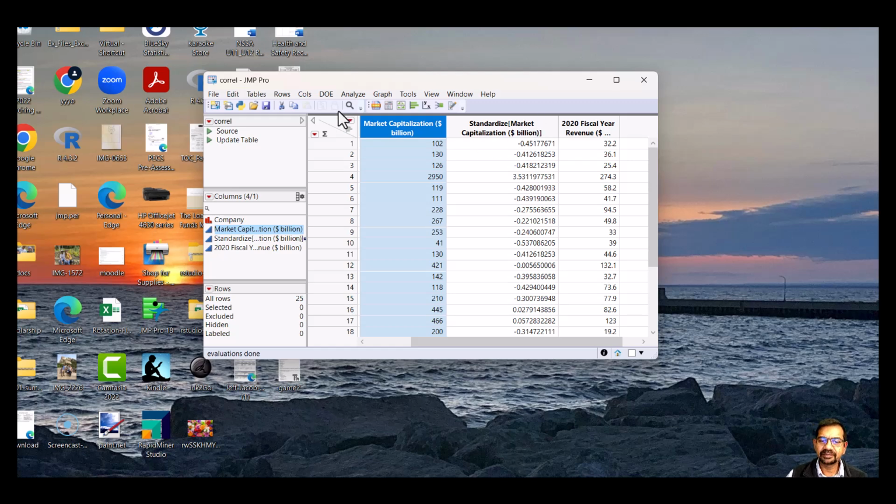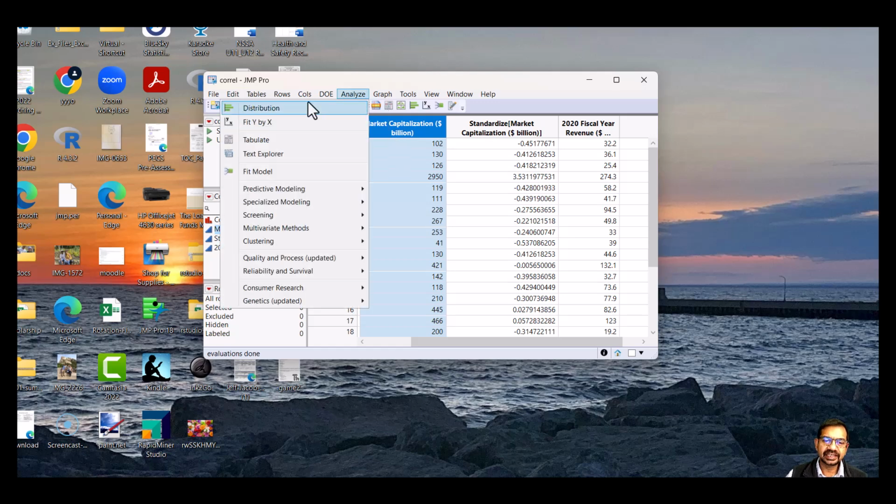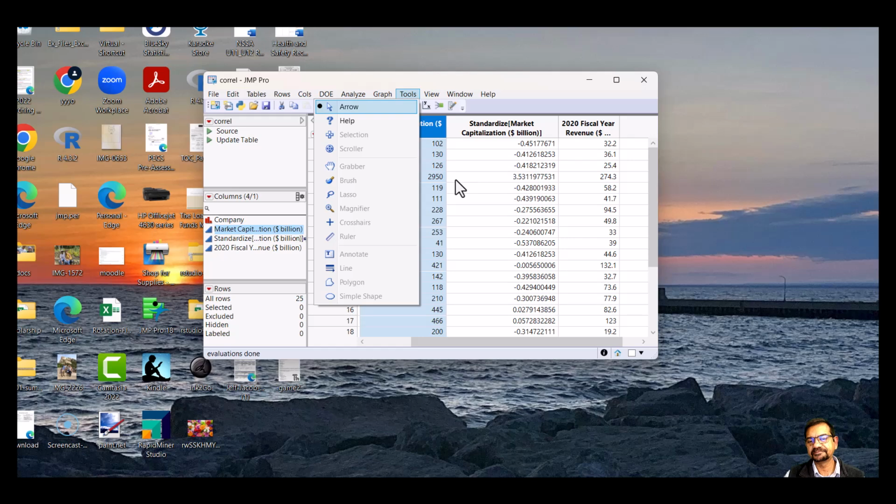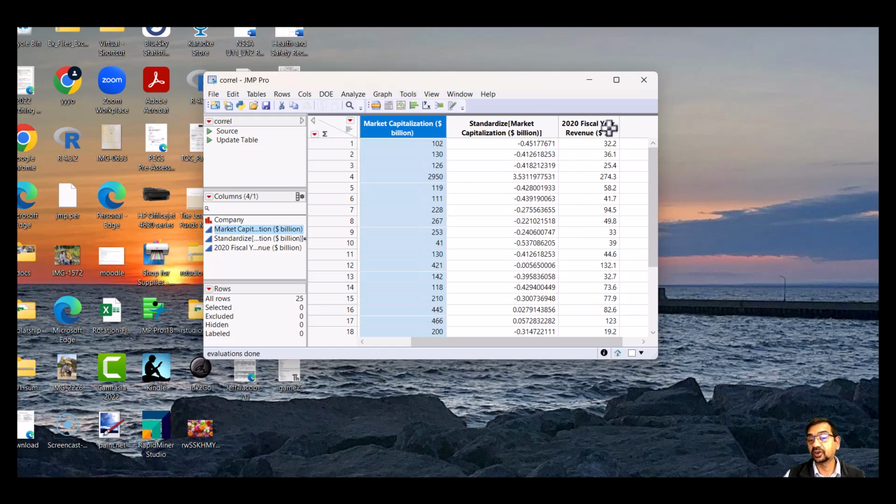Notice that because we're looking at association between two different data series, in the Analyze platform, the Distribution method by itself will not work because this method is looking at individual series in isolation without looking at its connections with other series.